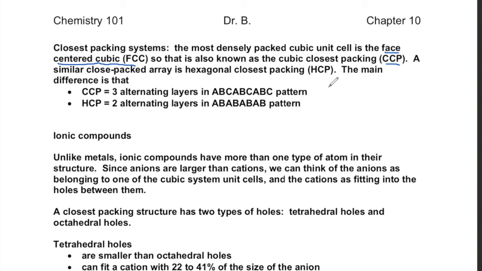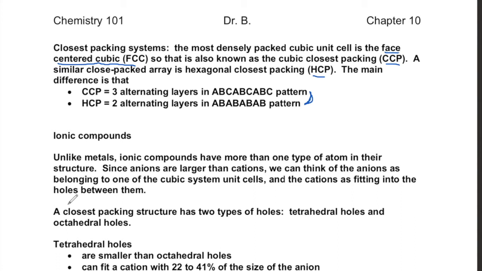There's a similar type of structure called hexagonal closest packing, and the only difference between these 2 types is the layers of spheres that you have. In the cubic closest packing, you have 3 alternating layers like A, B, C, and in the hexagonal closest packing, you have just 2 alternating layers, A and then B and then A and then B. So there are some better diagrams of this in your textbook.